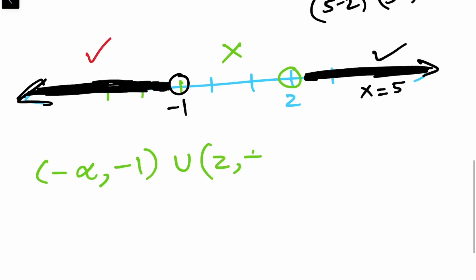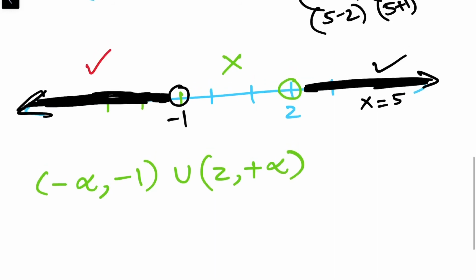I'm going to use parentheses. Union 2 to positive infinity. Infinity always takes parentheses, not square brackets. And since we have an open circle, I'm going to use parentheses.